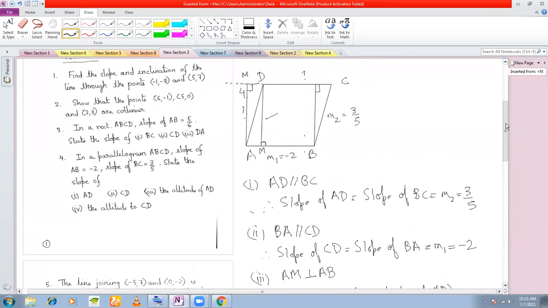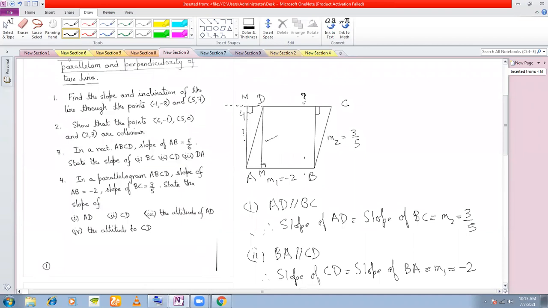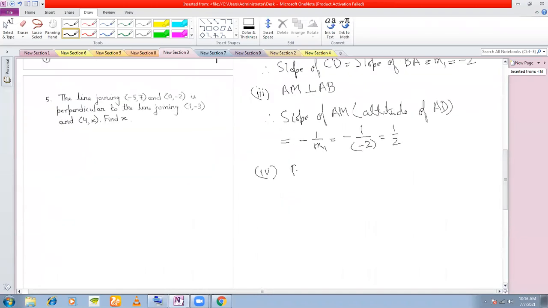Next, altitude to CD. You need to find out the slope of this line. Let us call this N. So you need to find out the slope of this line, altitude to CD. So clearly, if you see, BN is perpendicular to CD. So therefore, what is the slope of BN?